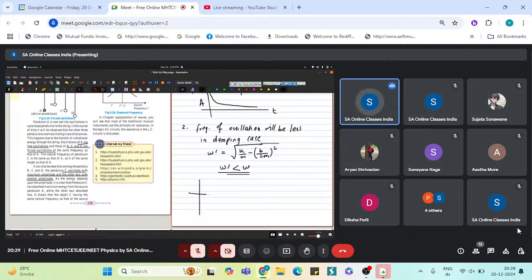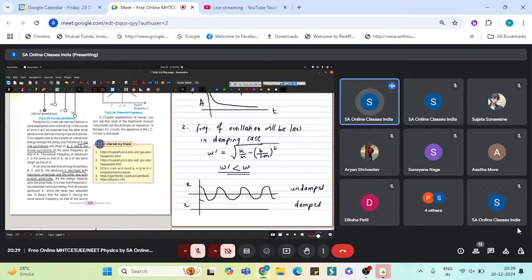Meaning, if you look at x in an undamped case and in a damped case, the x plot in the undamped case will look something like this. And in a damped case, so this is a time period, right? Frequency will decrease, meaning time period will increase.